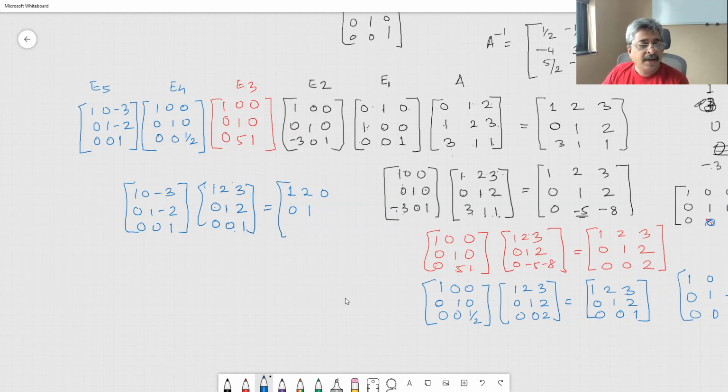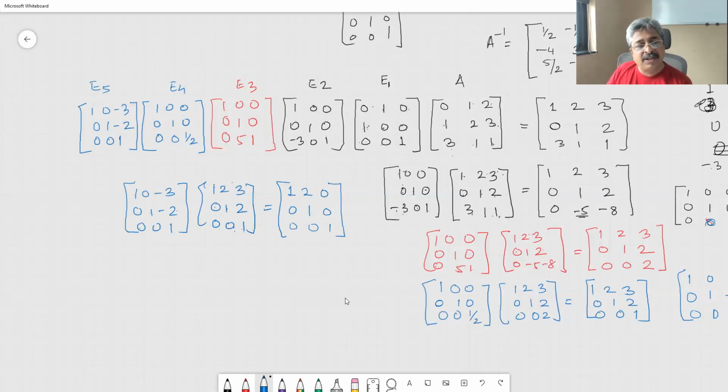Third entry 0, 2 minus 2 is 0, and the last row is not going to change, it is 0 0 1. Okay, so this is E5.